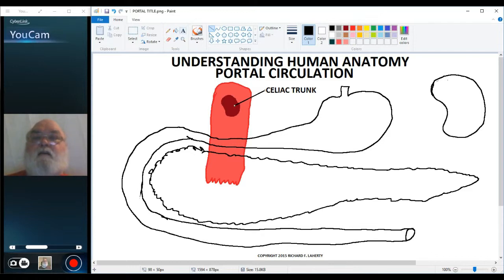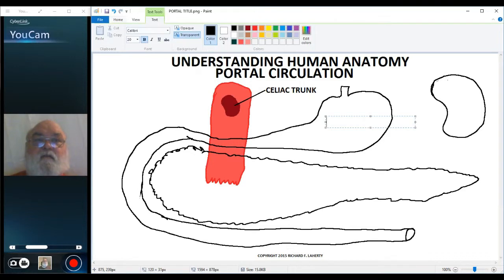The stomach, the spleen, and the duodenum.